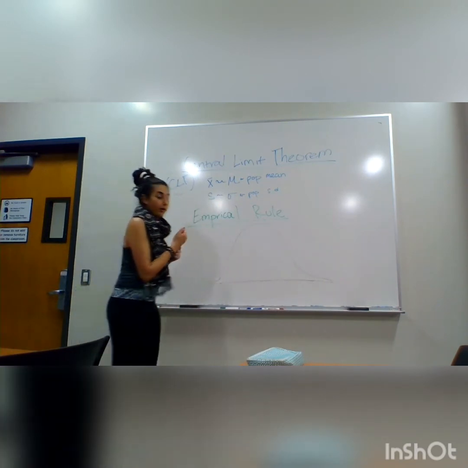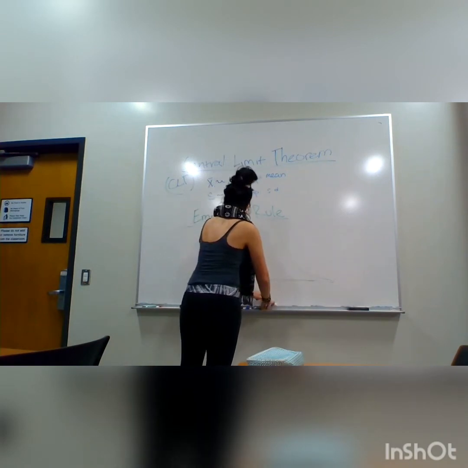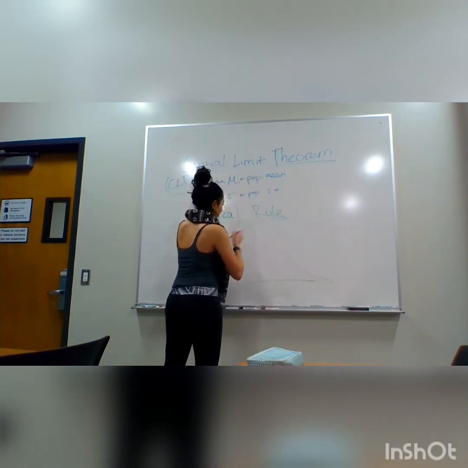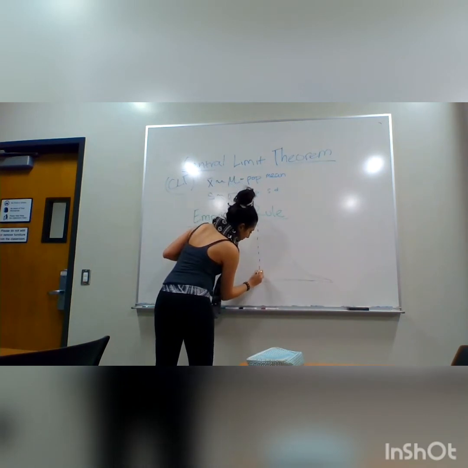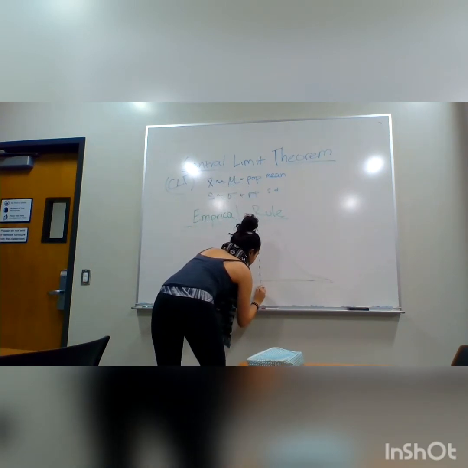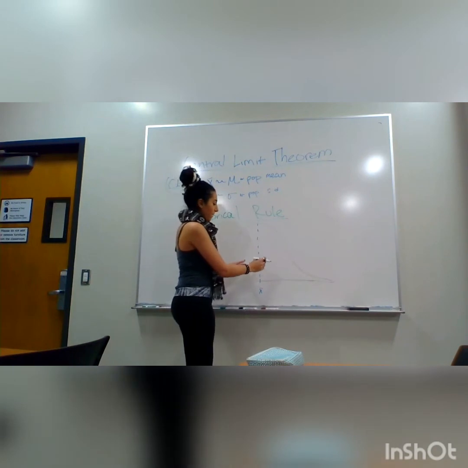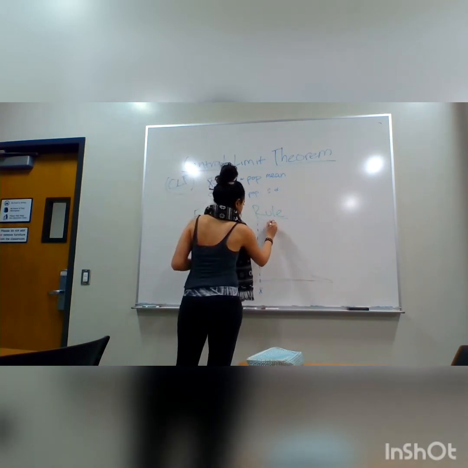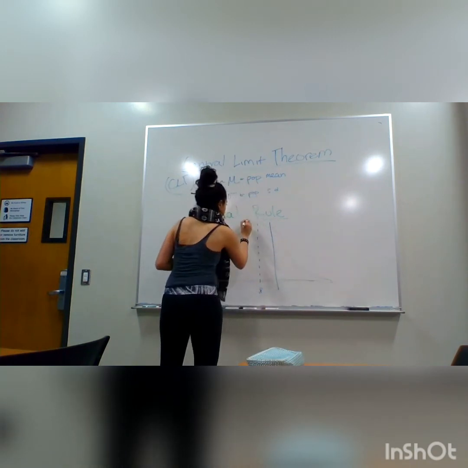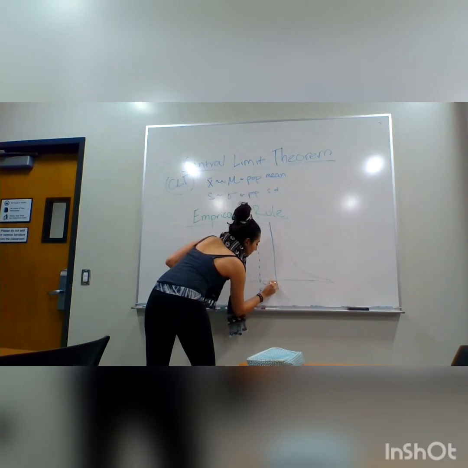From this normal curve, we know that right in the middle is where the mean would fall. And then if you go one standard deviation over, so that just means one amount of units from both sides of the mean. So right here and right here, this will be one standard deviation over.